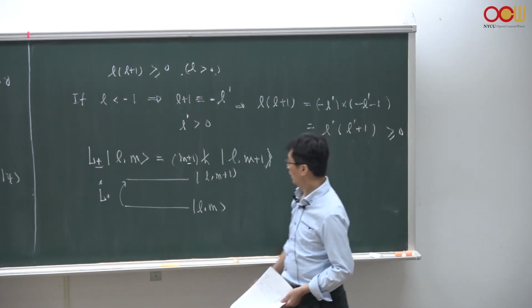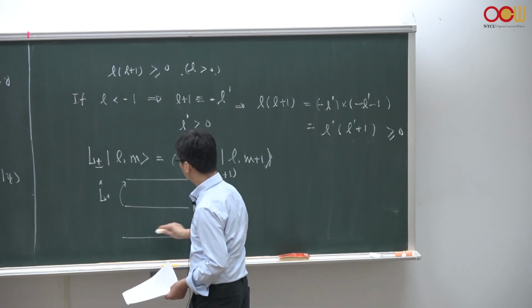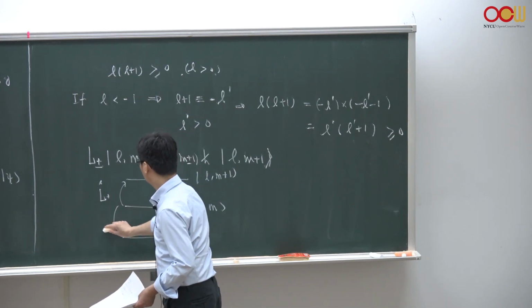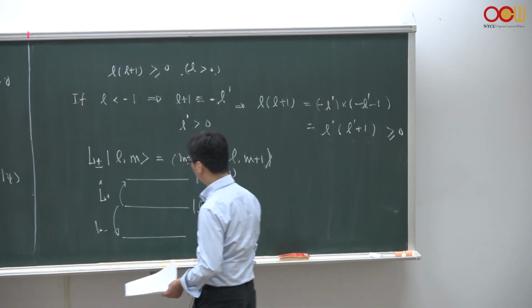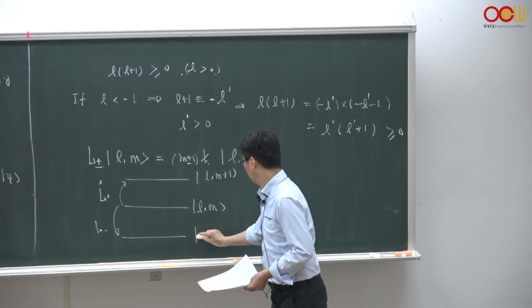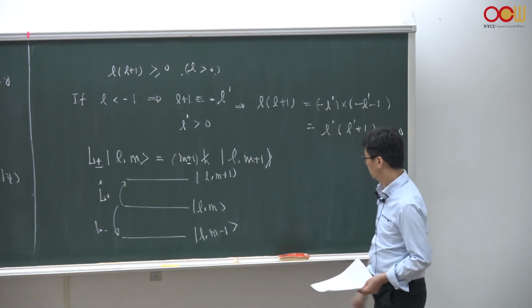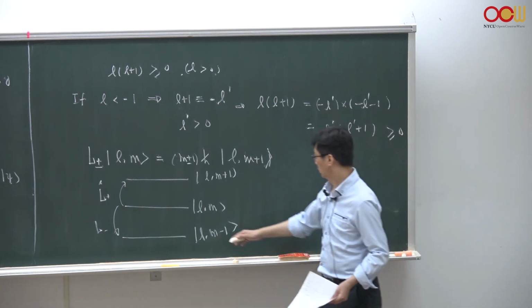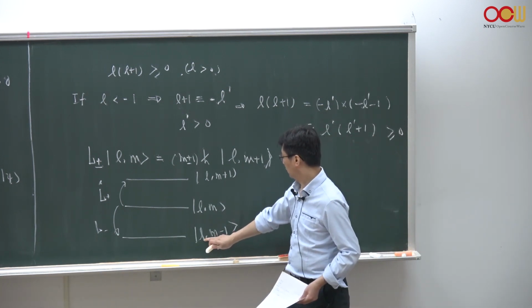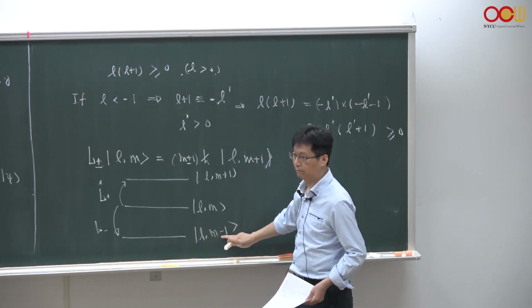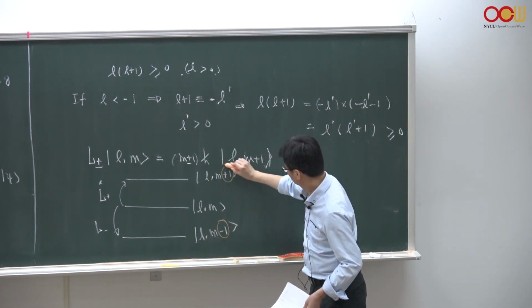which is 1 h bar above the starting point. Okay? And likewise, suppose we take the elevator down by 1 floor by applying L minus, and we arrive at 1 floor below, which is the floor characterized by this l and also m-1.